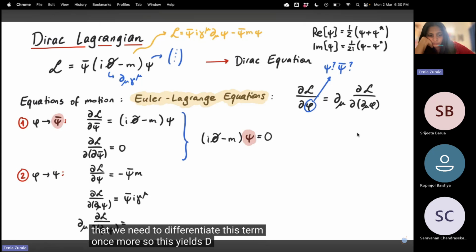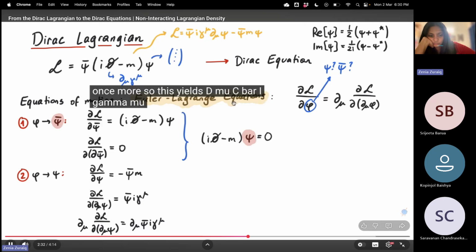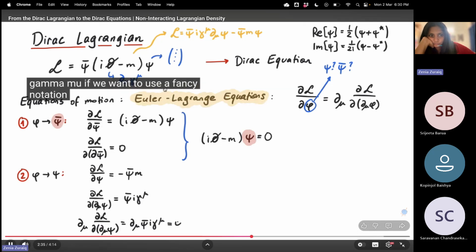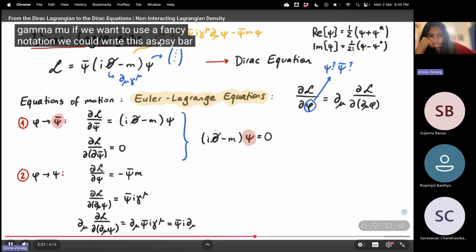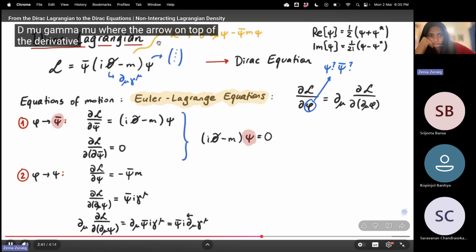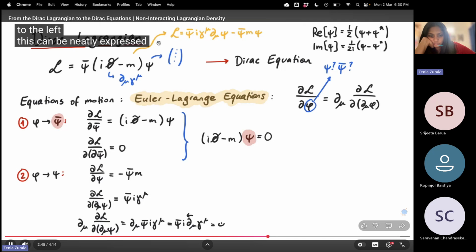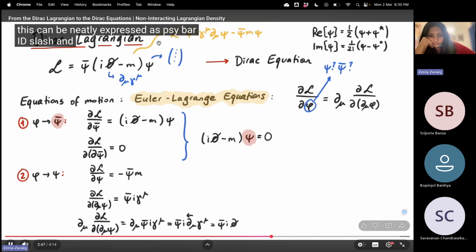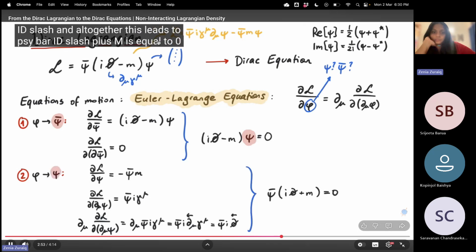So this yields d mu psi bar i gamma mu. If we want to use a fancy notation, we could write this as psi bar d mu i gamma mu, where the arrow on top of the derivative means that we let it act to the left. This can be neatly expressed as psi bar i d-slash. And altogether, this leads to psi bar (i d-slash plus m) is equal to 0.